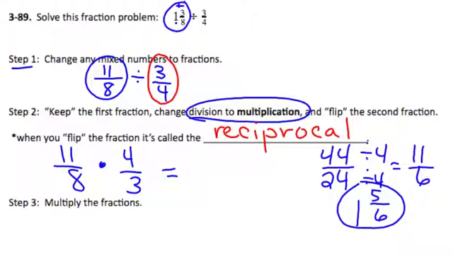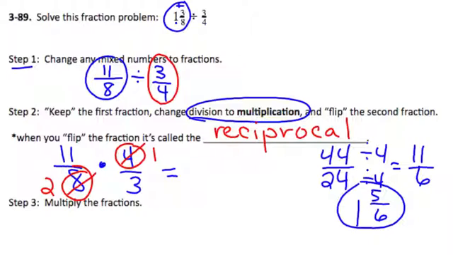But if you remember from the last video, I can also look within the problem, the multiplication problem, for cross-simplifying. So 11 and 3 do not have any common factors, but 4 and 8 have a common factor of 4. So what I can do is divide each of these numbers by 4. So 4 divided by 4 gives me 1, and 8 divided by 4 gives me 2.